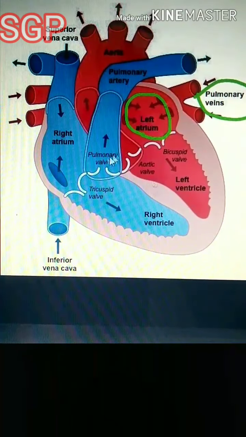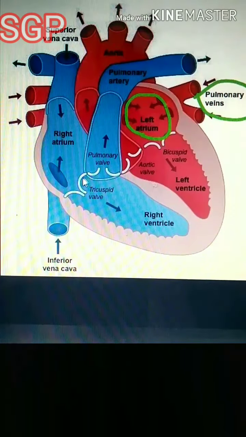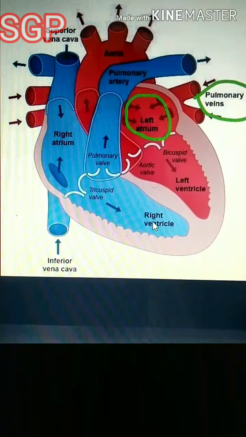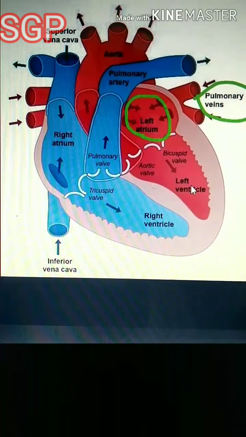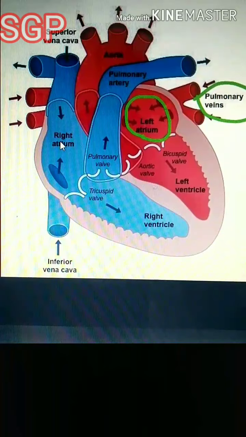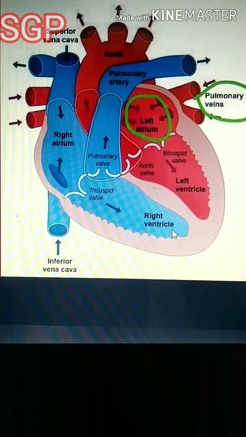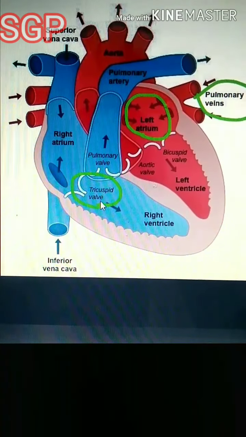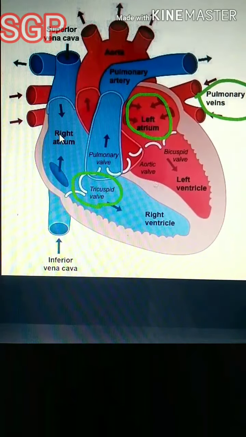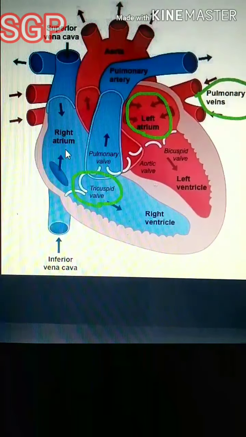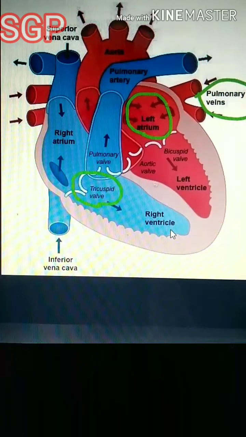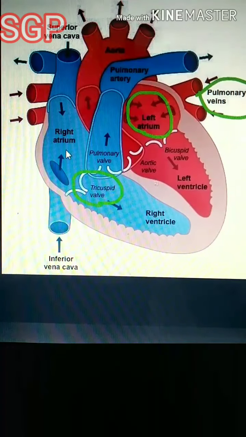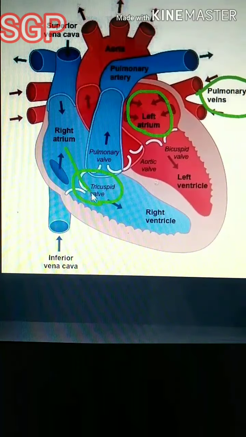Then two valves are present between the atria and ventricles. Between the right atrium and the right ventricle, the tricuspid valve is present. It allows blood to flow in only one direction.